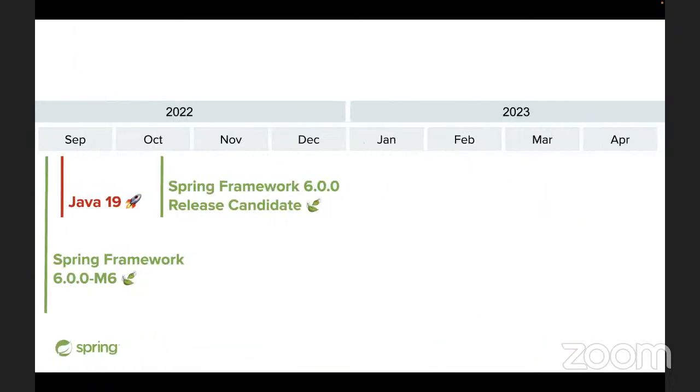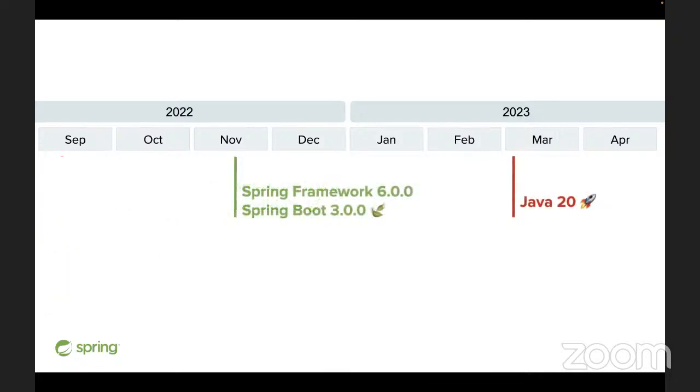Those slides are a little bit outdated because the RC was last week, right? The release candidate was done last week. We have Java 19 in the meantime, and the GA, as I've mentioned, is scheduled for late November. So next month, there's probably 3 weeks left or something like that.